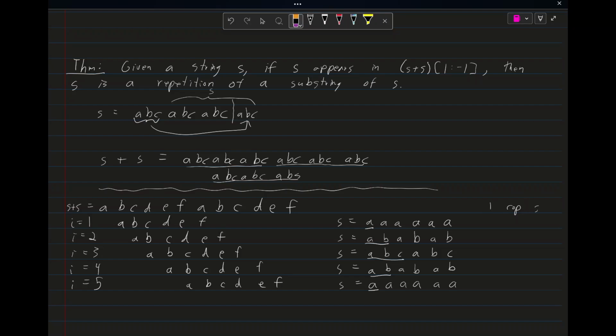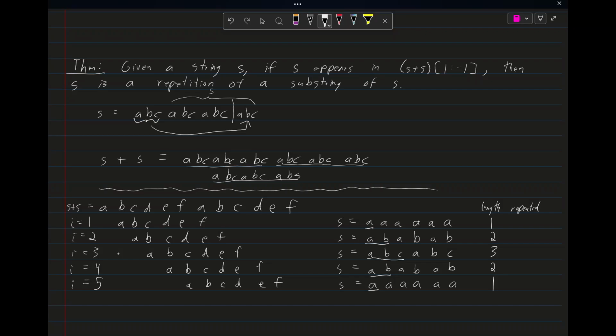The length of the repeated substring here is 3. Here it's 2. Here it's 1. Here it's 2. So these are the lengths of the repeated substrings.